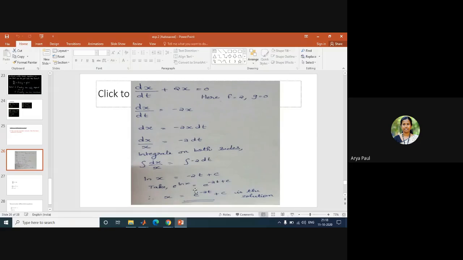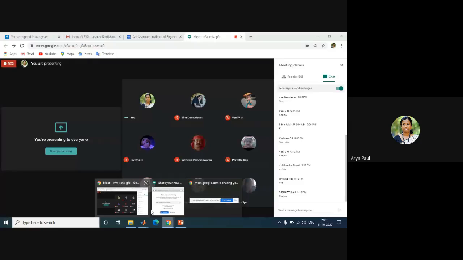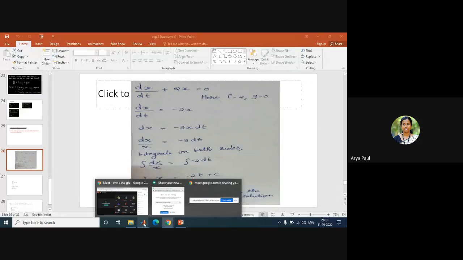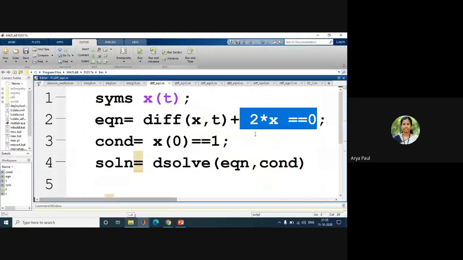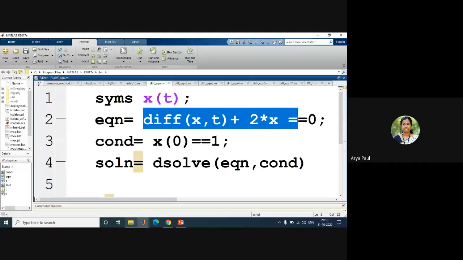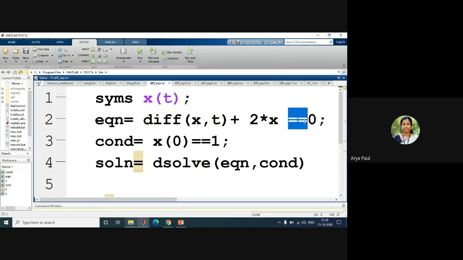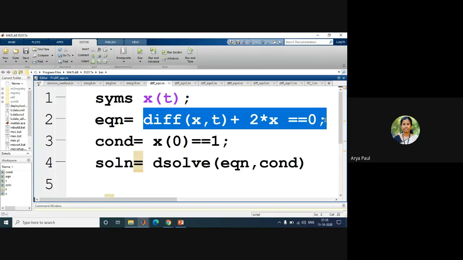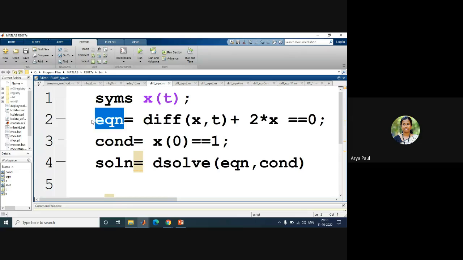While writing the equation as such, you need to write a double equal to, not a single equal to, because this entire thing is an equation. That is the difference. So you are putting this equation into a variable eqn.